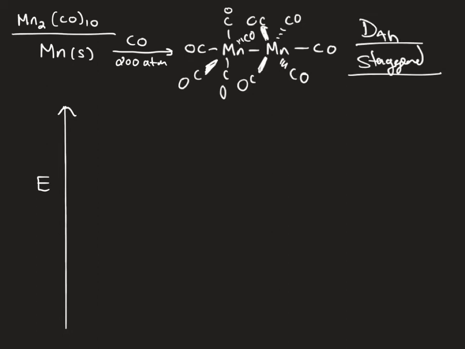We're now going to go through and do just that, where we're going to have our two manganese pentacarbonyl species coming together to form the manganese-manganese dimer in the center, and we're going to stagger these.